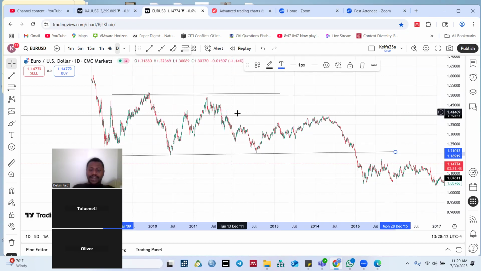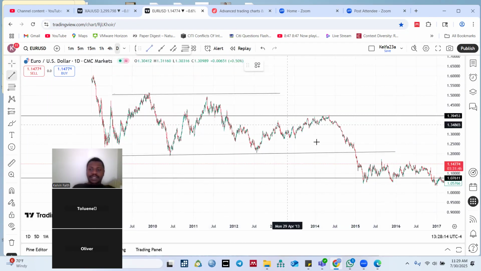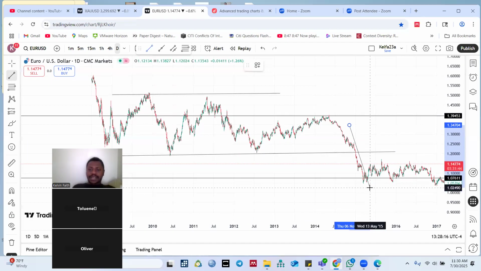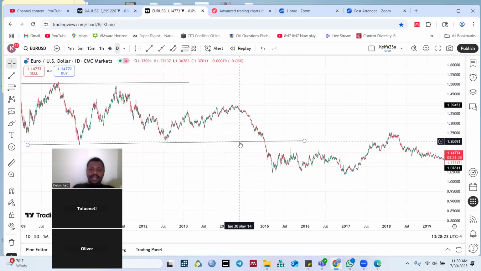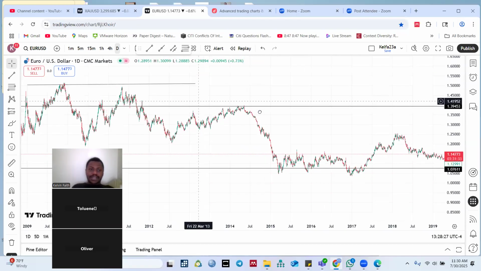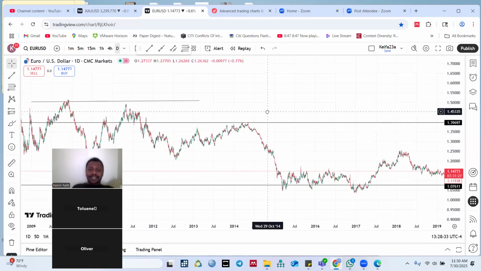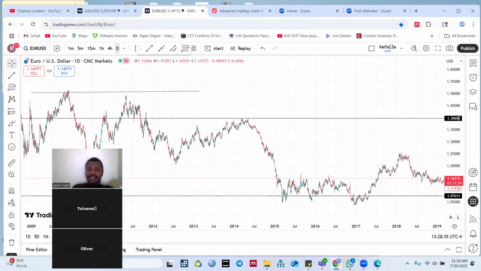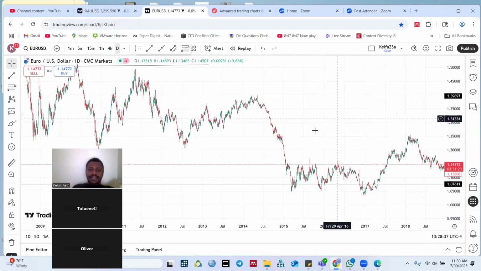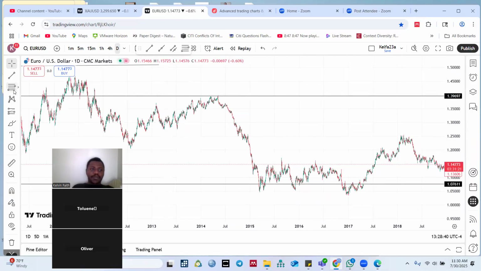So within this range, notice that price broke to the downside, giving us a direction to go. So based on this, I will say that from where I stand, Euro USD has been bearish from around this area. So what is the last swing high that provides context for this bearish movement?